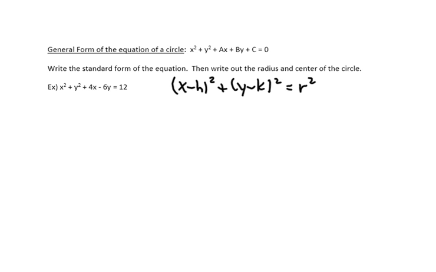So let's move all of our x terms together and all of our y terms together. Now the constant is already on the right side, so that's done. So now I'm going to group these together.